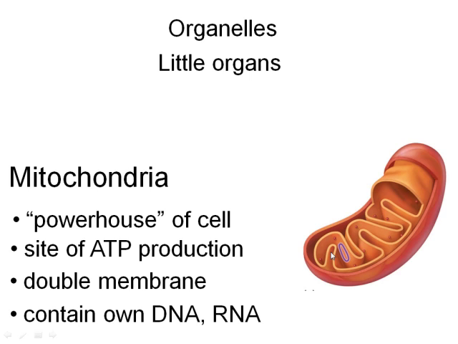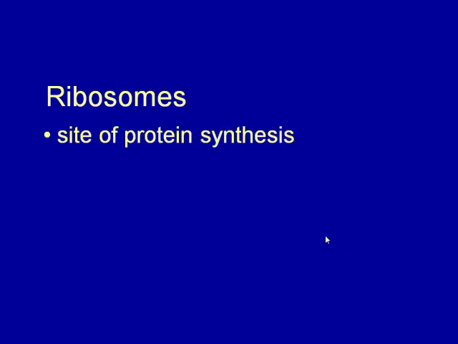Because mitochondria have their own DNA and RNA, mitochondria can divide independently of cell division, so that if cells start having a larger need for energy, more mitochondria will be found in those cells to generate that greater amount of energy. The ribosomes are the site of protein synthesis.